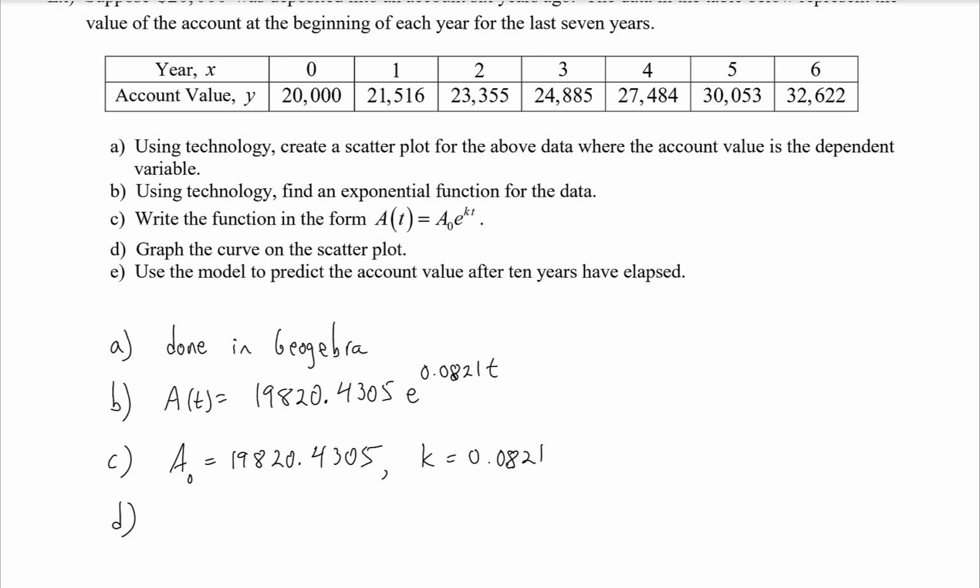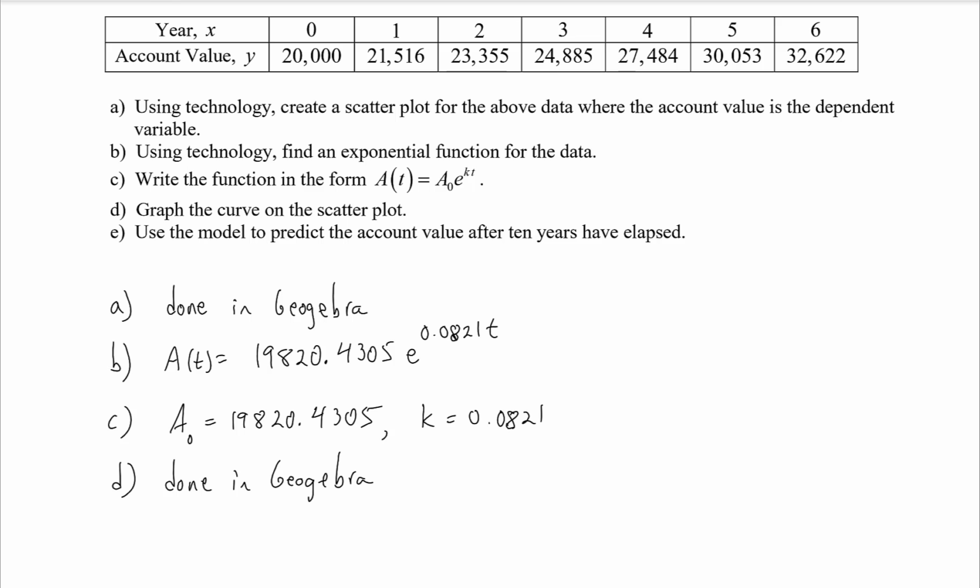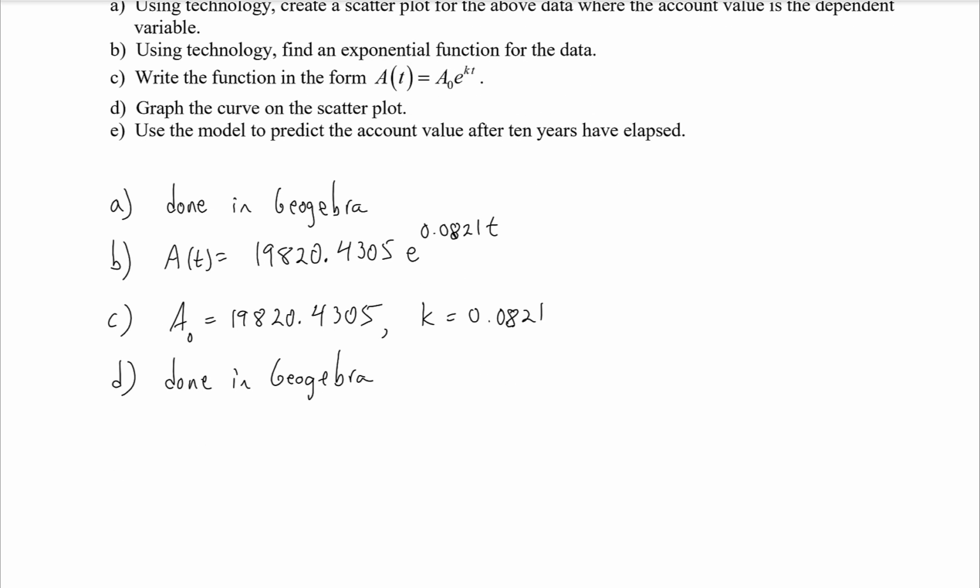D says graph the curve on the scatter plot. We already did that. That's done in GeoGebra or whatever software you're using. E, use the model to predict the account value after 10 years. So the amount after 10 years is going to be 19,820 times 0.4305 e to the 0.0821 times 10.